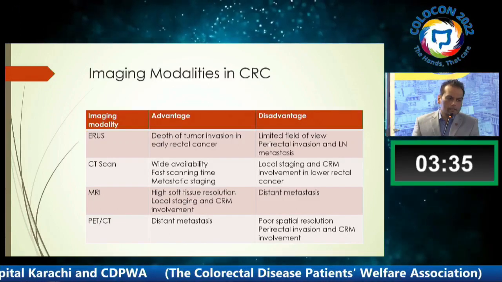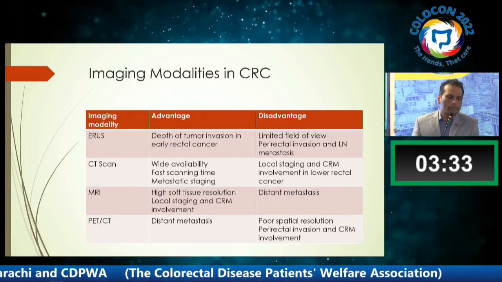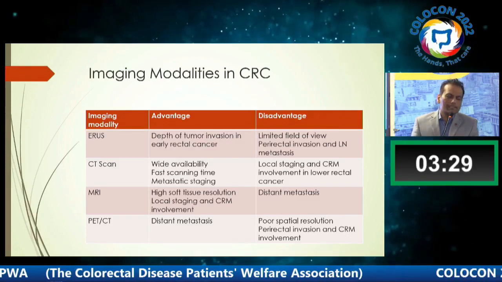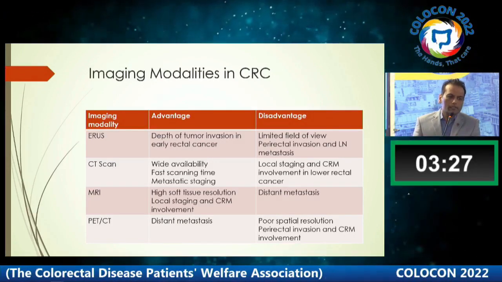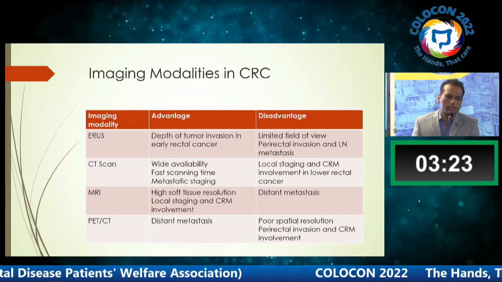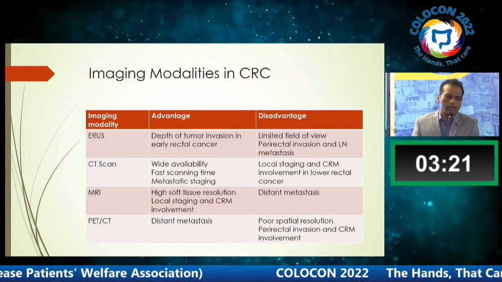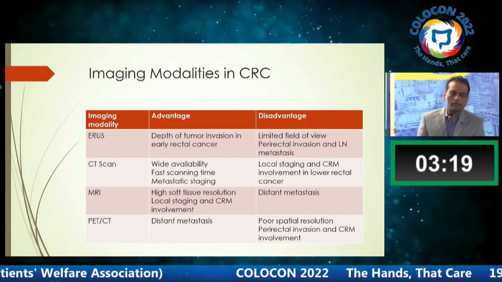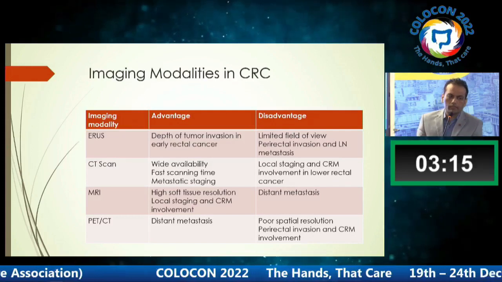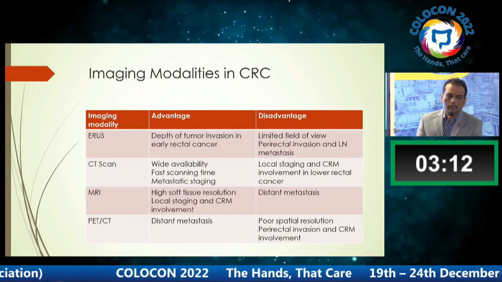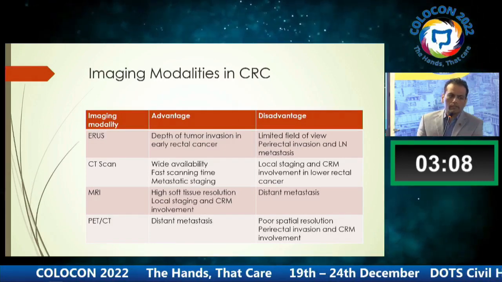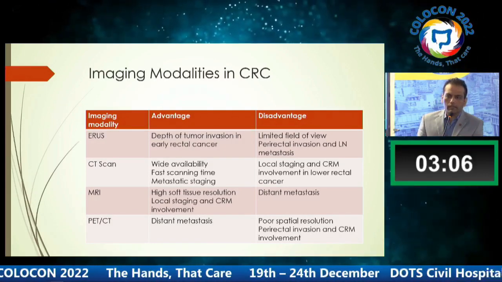So this is showing endorectal ultrasound. As we have discussed, it is for the local staging of the tumor, in initial T1. It is very good in the initial stage of early rectal carcinoma. Then MRI has very high soft tissue resolution, and for T2, T3, and T4 lesions MRI has a very good role, along with detection of lymph nodes, regional and non-regional.